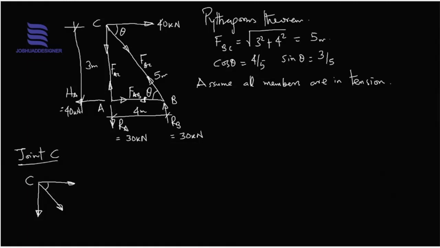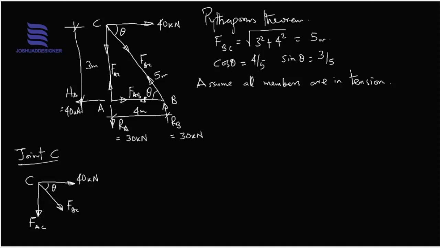Joint C, I have this 40 kilonewton, FBC, FAC. All right. So we will just use two of the equilibrium conditions.